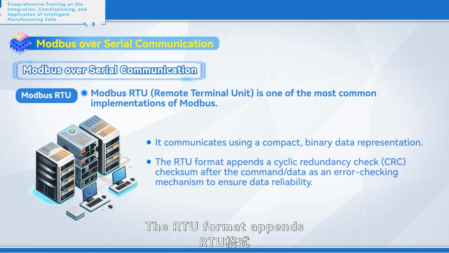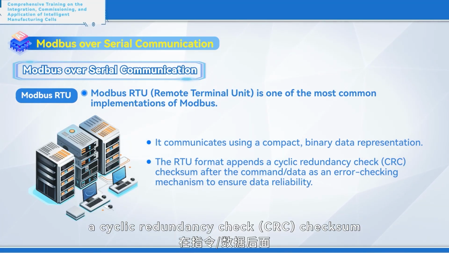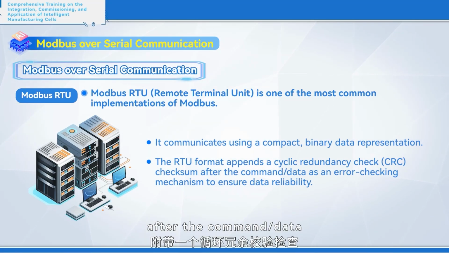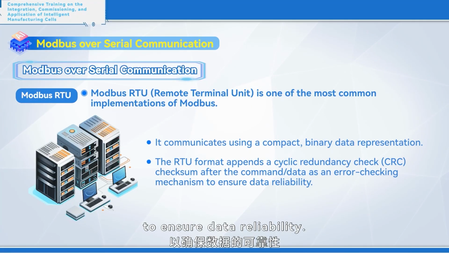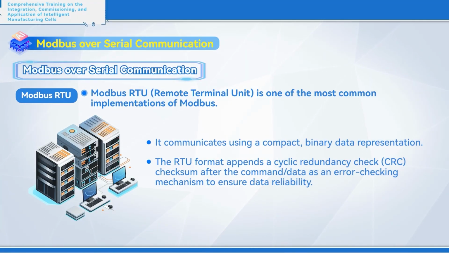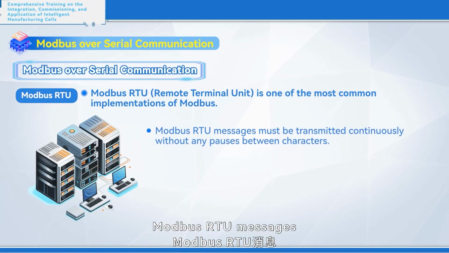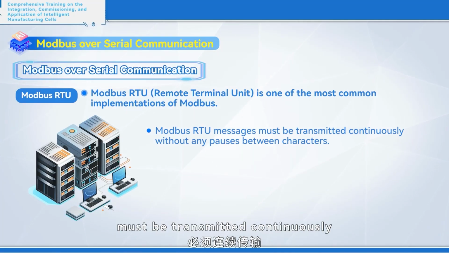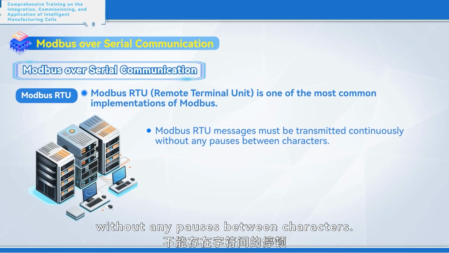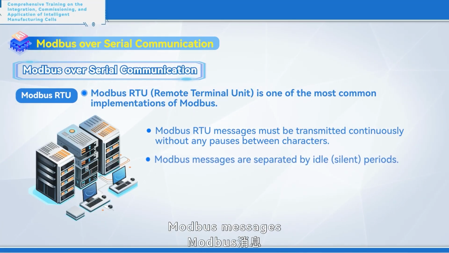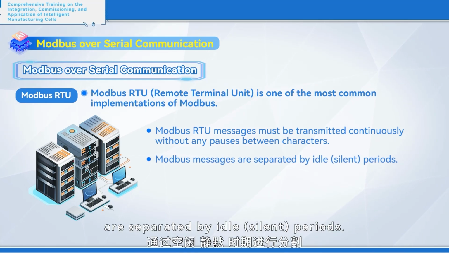The RTU format appends a cyclic redundancy check, CRC, checksum, after the command data as an error-checking mechanism to ensure data reliability. Modbus RTU messages must be transmitted continuously without any pauses between characters. Modbus messages are separated by idle, silent periods.